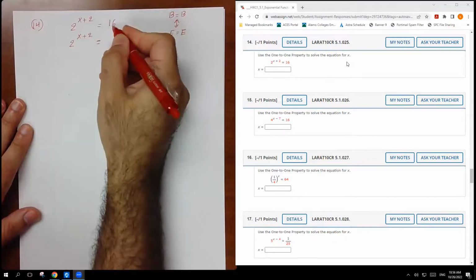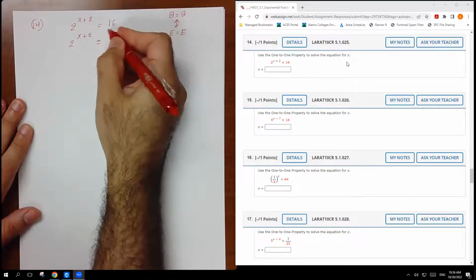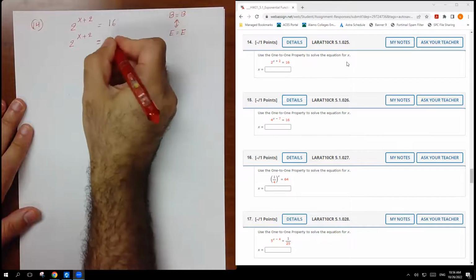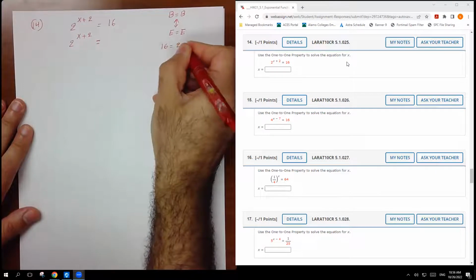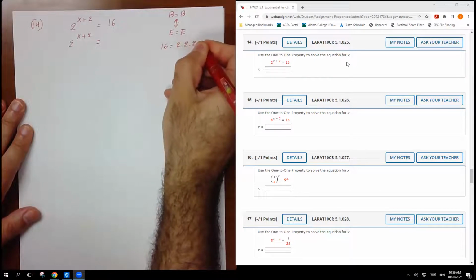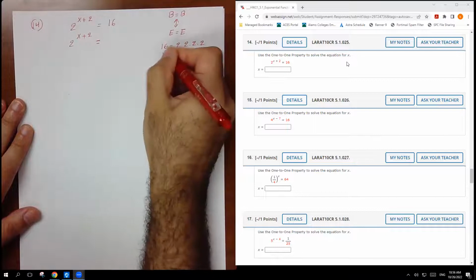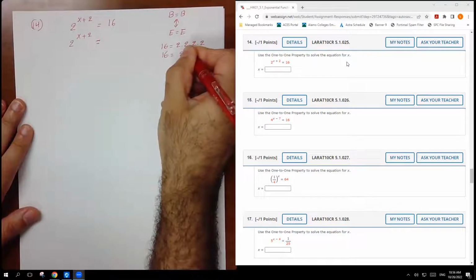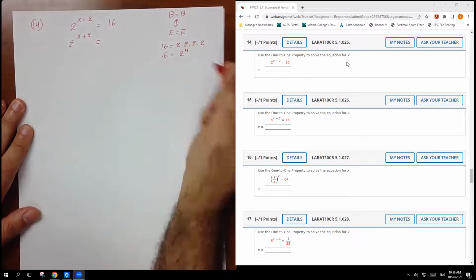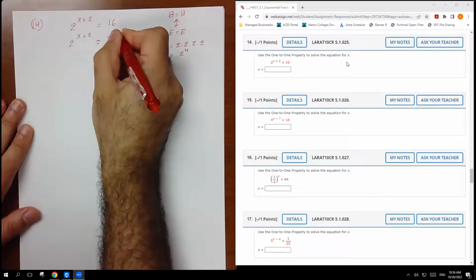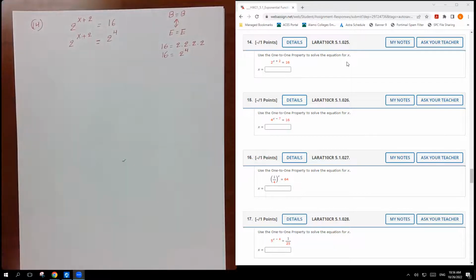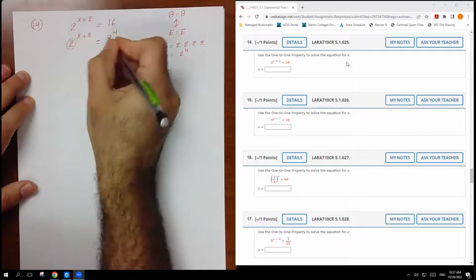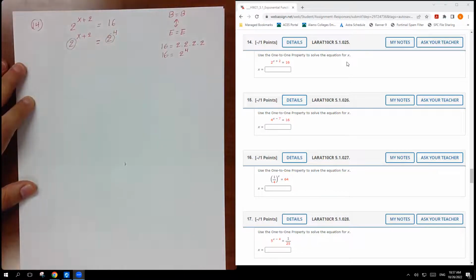I'm going to analyze this one or factor the 16. 16, I can write it down 2 times 2 times 2 times 2. That means 16 is equal to 2 to the exponent 4. That means I'm going to write down here 2 to the exponent 4. If you look here, we get equal bases. Equal bases, that means I have equal exponents.